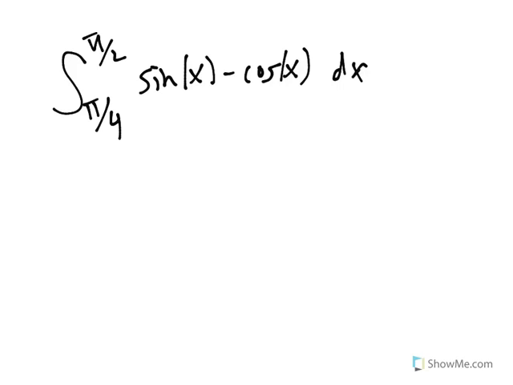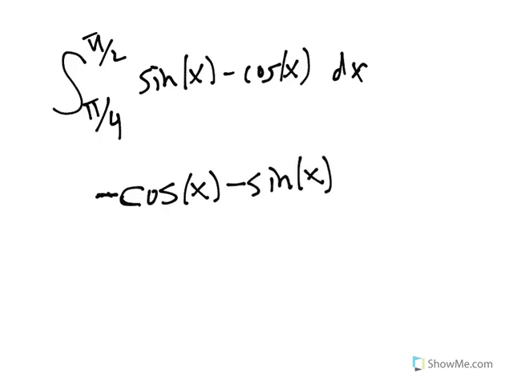When you take the integral here, this should be minus a cosine of x, and then minus a sine of x, and this is all from pi over 4 up to pi over 2.